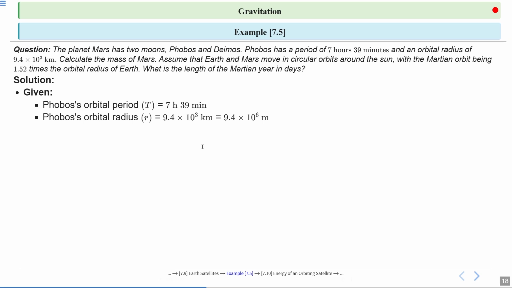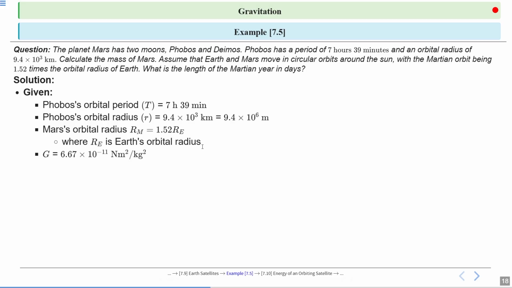In meter it will be 9.4 into 10 raised to the power 6 meter. Mars orbital radius Rm is equal to 1.52 Re, where Re is the Earth's orbital radius. G is equal to 6.67 into 10 raised to the power minus 11 Newton meter square per kg square.